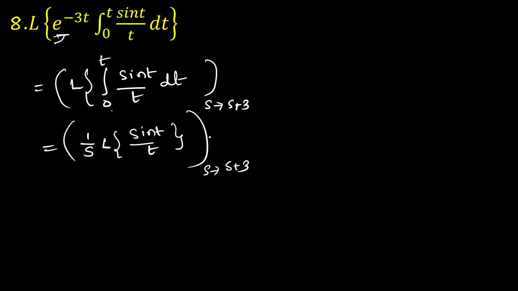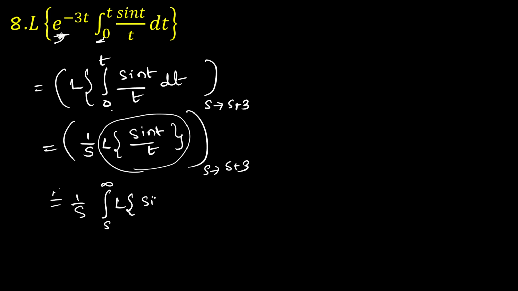Don't get confused. So first I'm applying the first shifting, then the integral of Laplace transform I have applied, then again it has been converted into the division by t. Division by t means what? So I'm going to apply it on this only. So here integral s to infinity Laplace transform of the numerator L of sin t into ds.